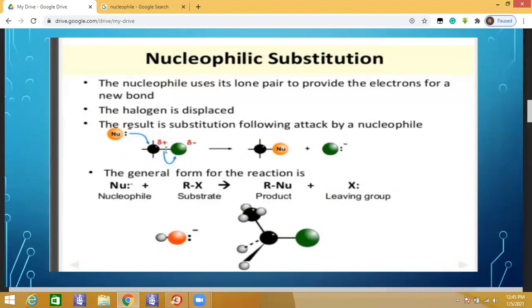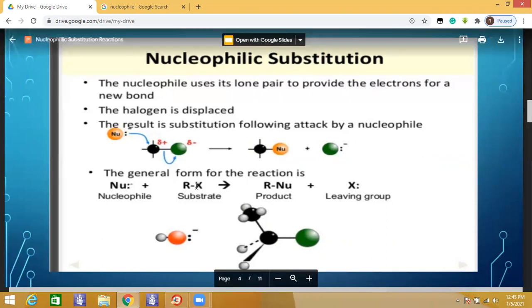The halogen is displaced when the nucleophile uses its lone pair of electrons. This results in substitution following the attack. A new compound is formed with the nucleophile, and the halide comes out as a leaving group.